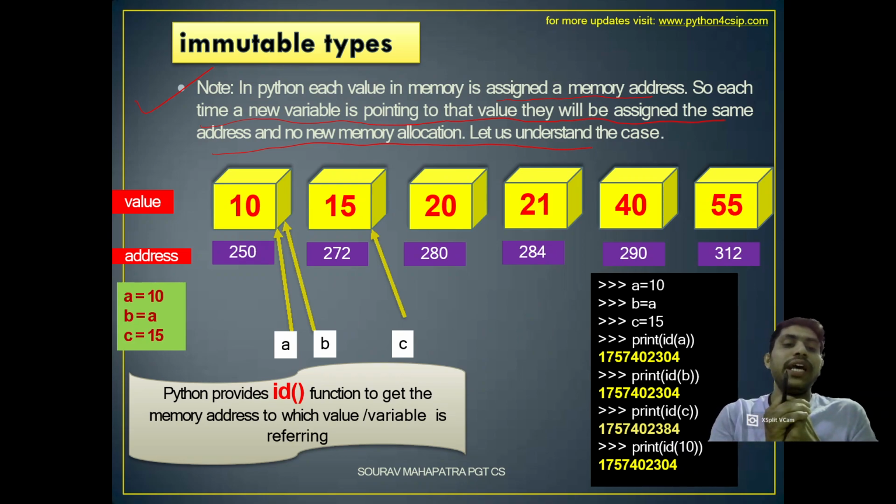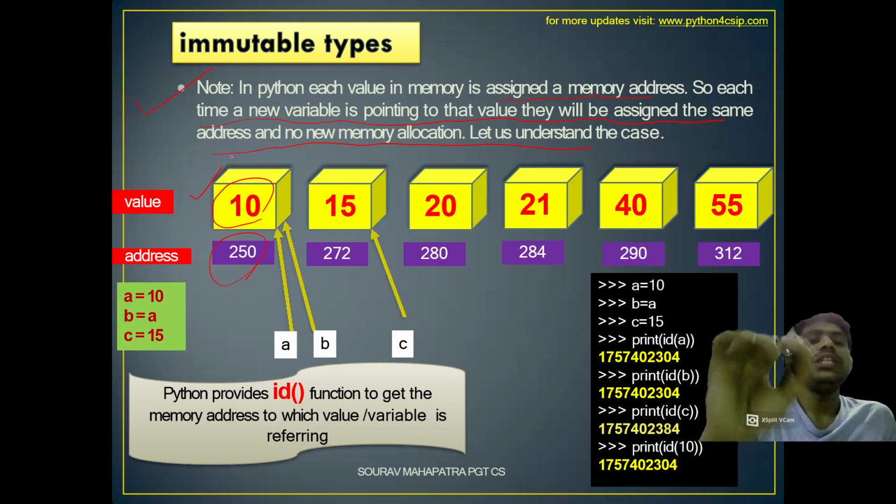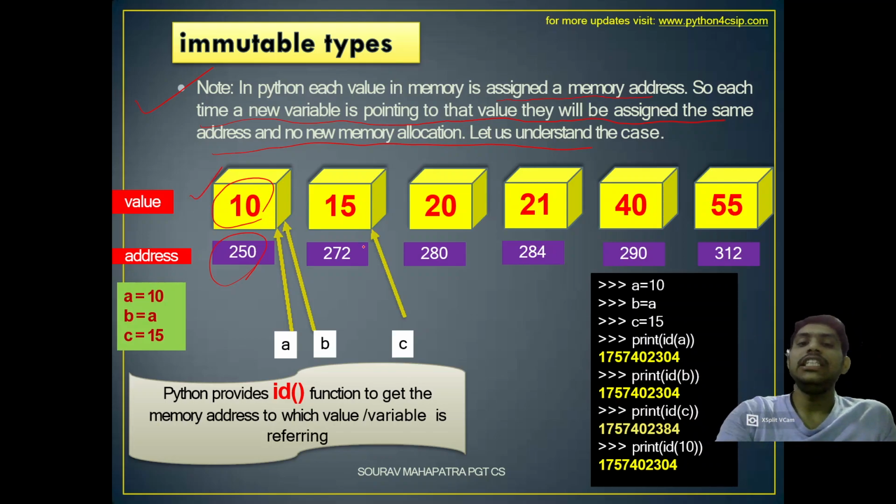You can see here: A equal to 10, B equal to A, C equal to 15. Now you can see A and B are pointing to only one memory address, 255, because their value is the same. But C is pointing to a different memory address because the value of C is different.